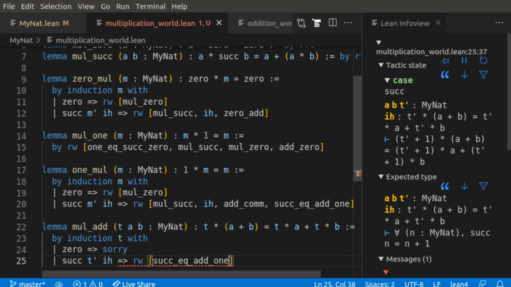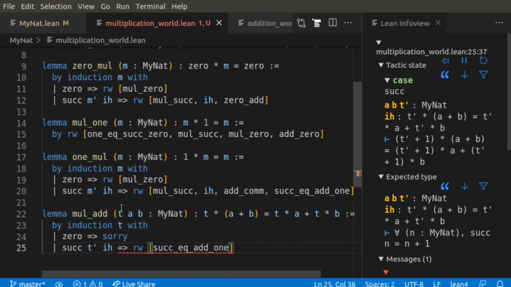Okay, we got a bunch of add ones. Can we distribute somehow? T plus 1 times A. I need to do some thinking.